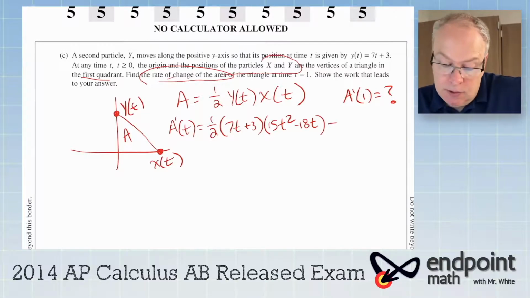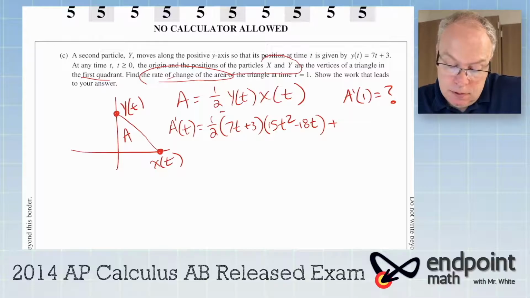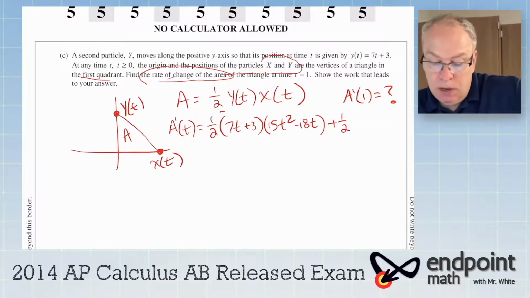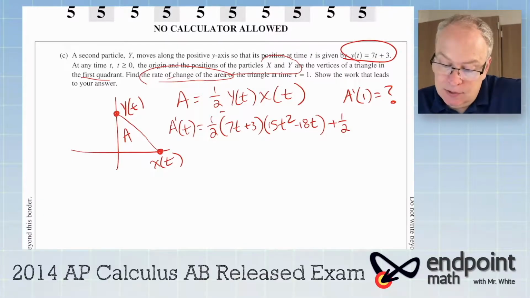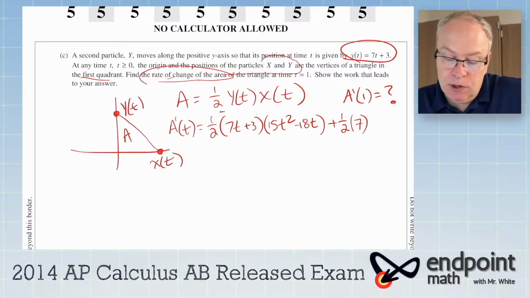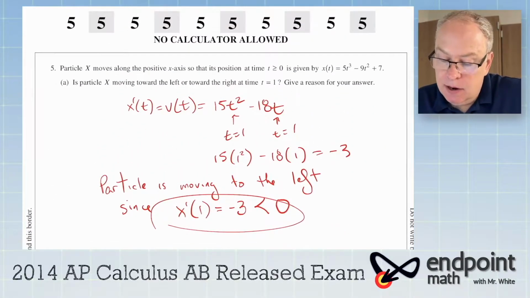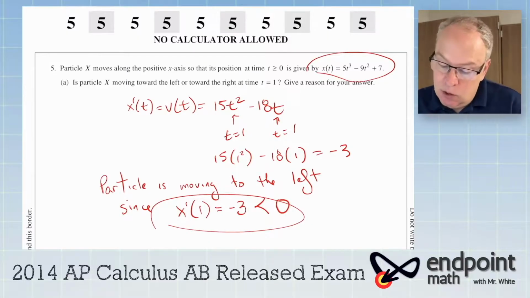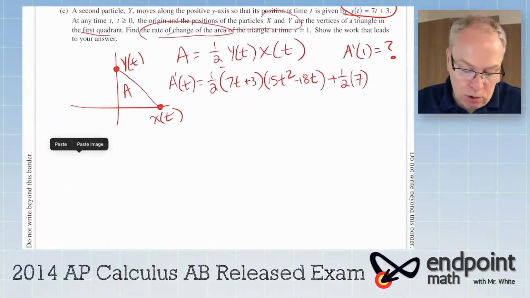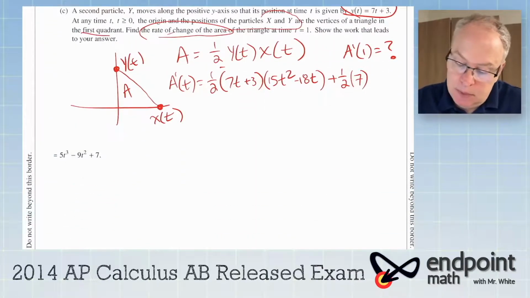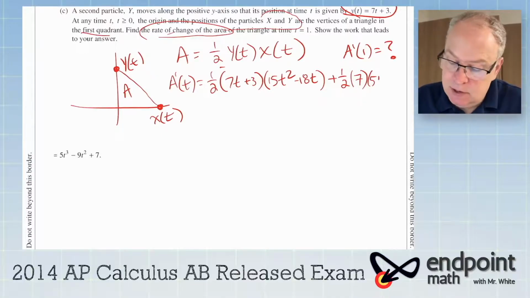And then plus, we'll put the 1/2 there again, the derivative of y, so y prime is 7 times the original function, way back here in the original problem, 5t squared, or t to the third, plus, here I'm going to just copy this, my short-term memory is just horrible. I'm going to paste that down here so I can see it. This would be 5t to the third minus 9t squared plus 7.